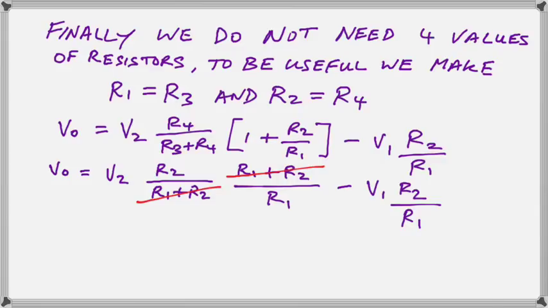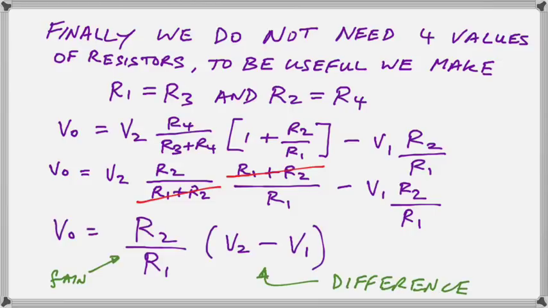And once again, when we extract the common term, we have what we actually wanted. We have the gain of the amplifier, and we see that it is amplifying the difference between V2 and V1.